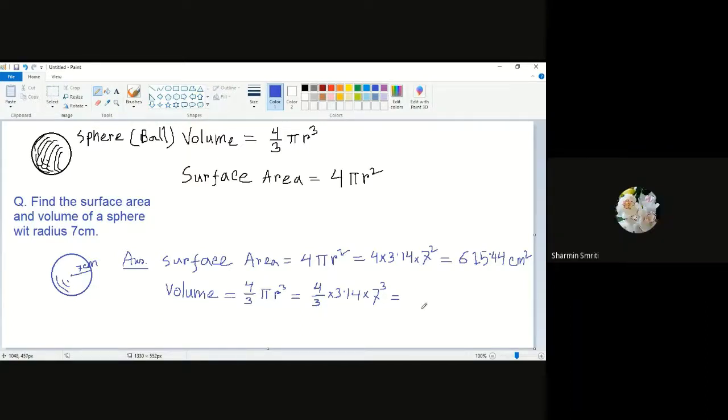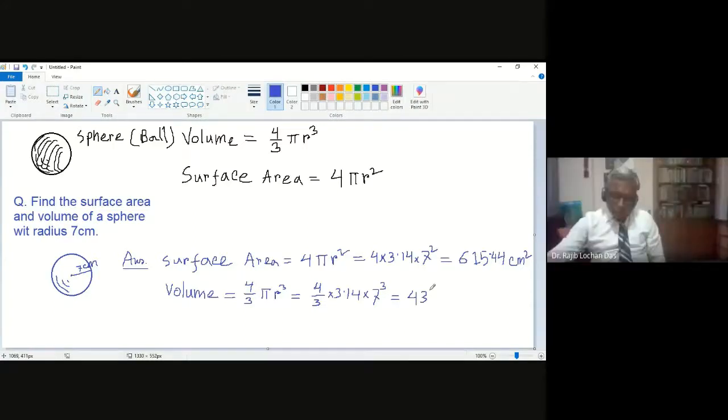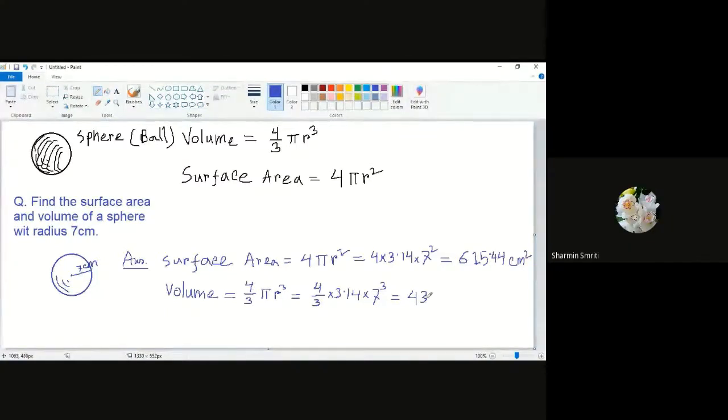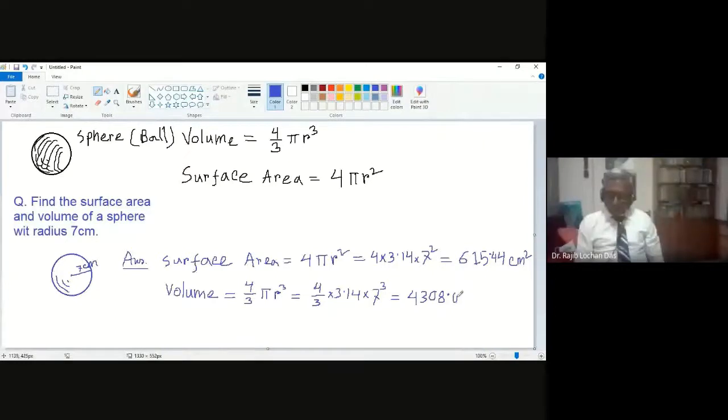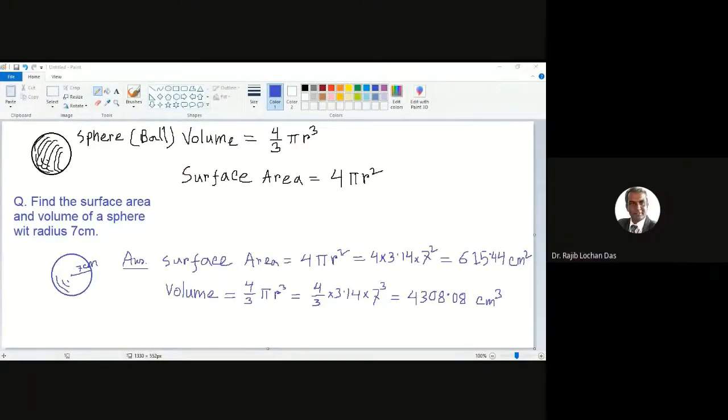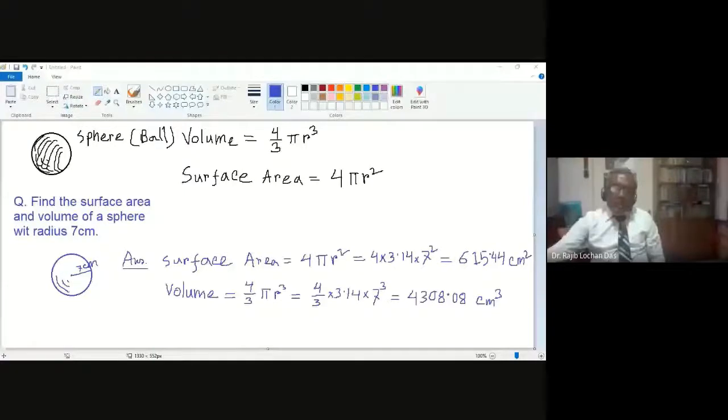Sir, 4,308.08. Okay, 4308.08, and this will be centimeter cube, because it is three-dimensional and it will be cube every time.